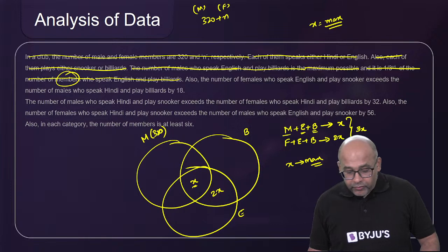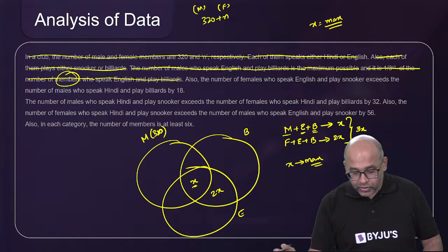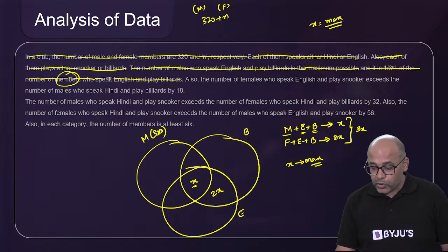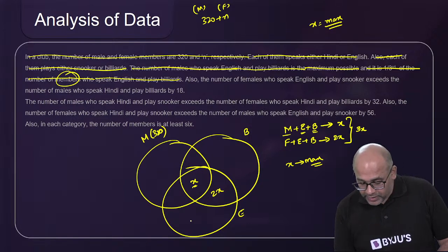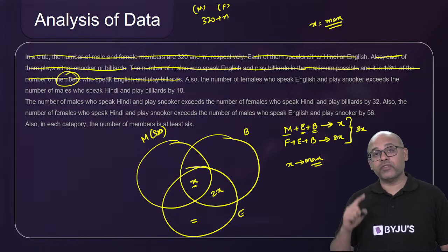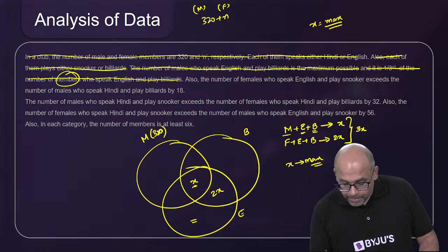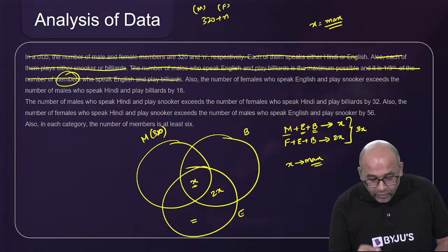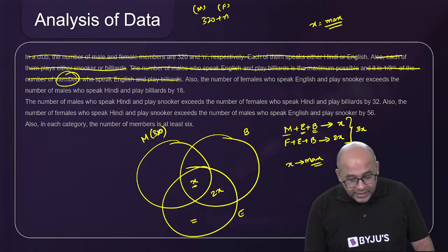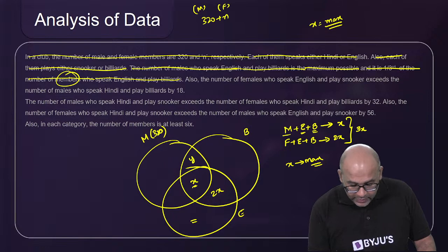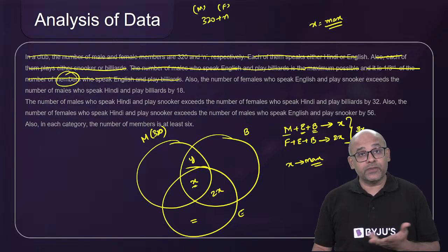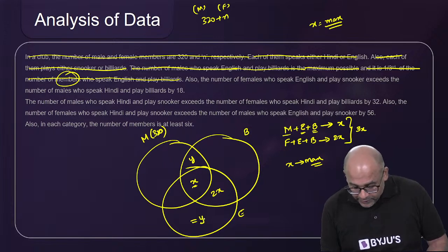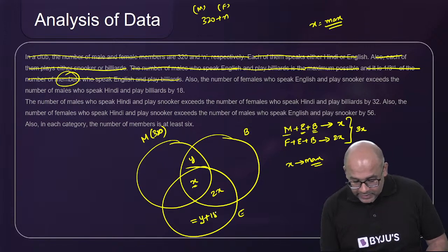Also, the number of females who speak English. So now we are talking about females who speak English and play snooker. So this part, English, female, snooker, exceeds the number of males speaking Hindi and playing billiards. So if I take males, billiards and Hindi as y, then this will be y plus 18.